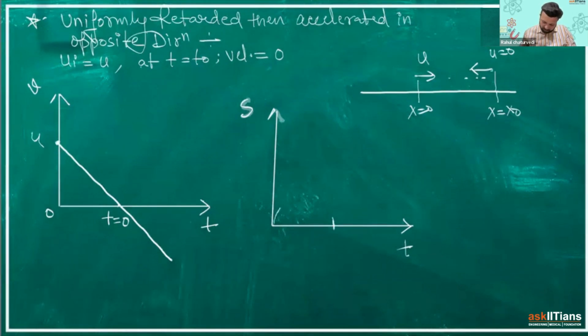So the graph will be something like this. So at t naught it becomes horizontal, meaning slope is 0, meaning velocity here is 0.